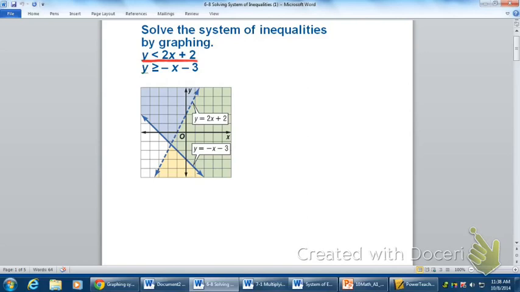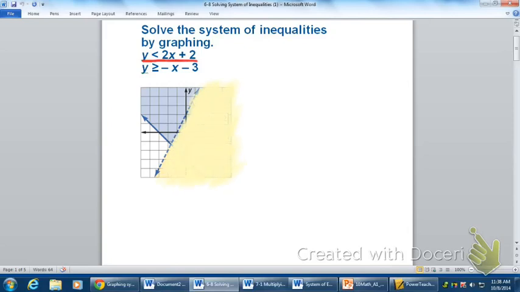So they looked at the y-axis and they shaded all the values that were less than. Now you can't really see that, but all this is yellow. That's essentially what they did.